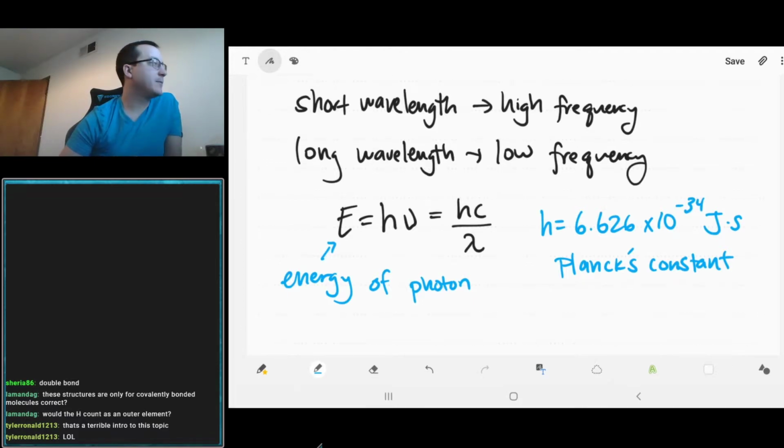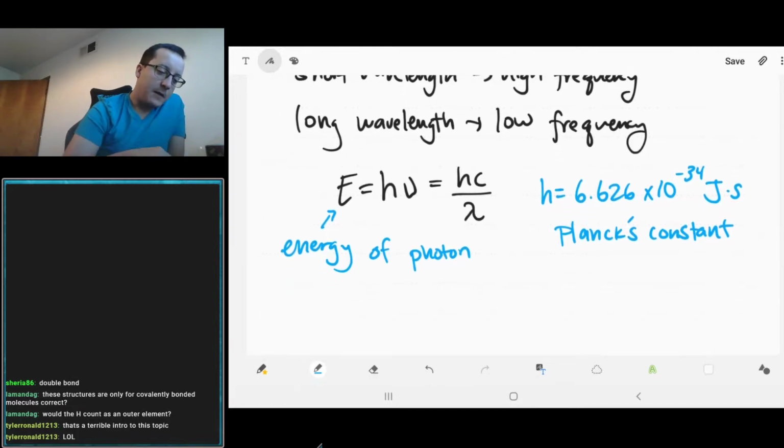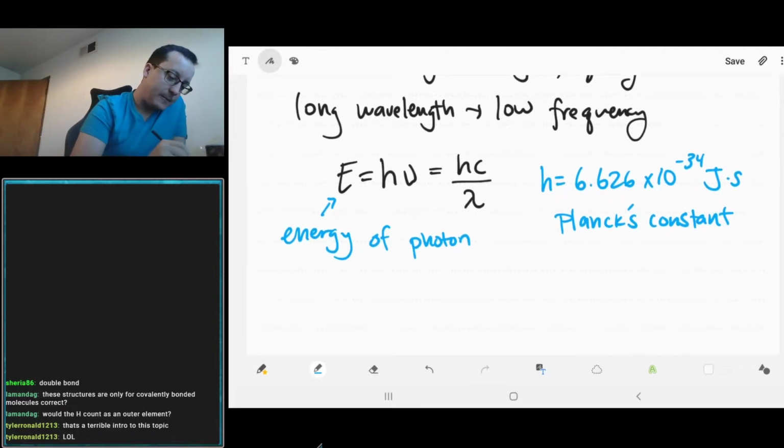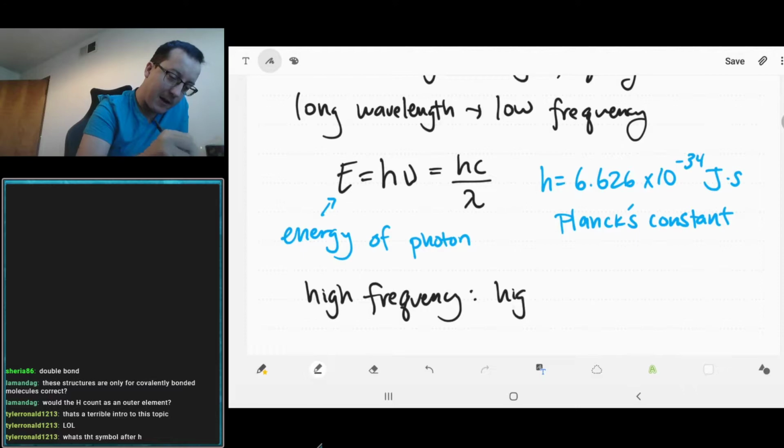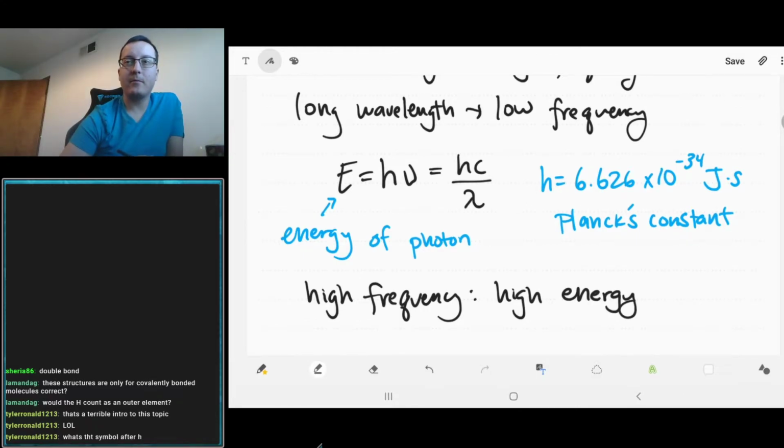Okay, anyways, so here we go. This tells us that a high frequency is high energy. What is that?